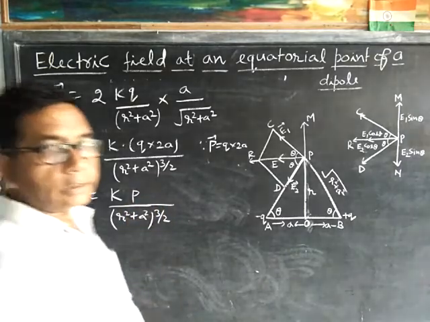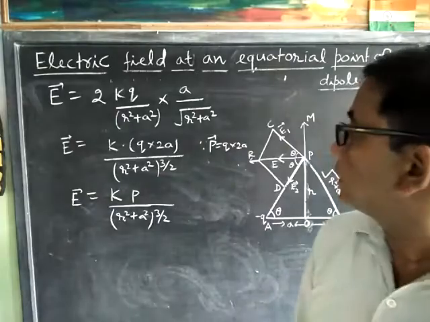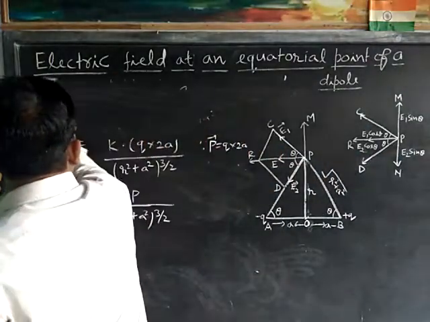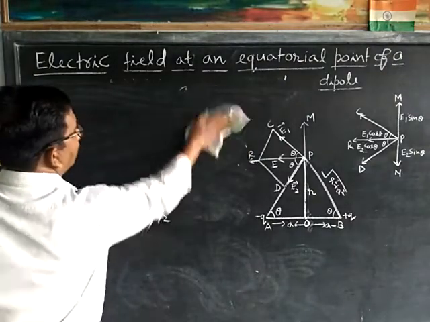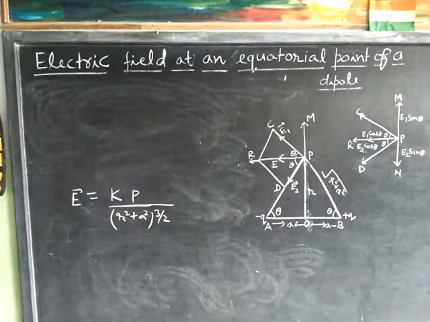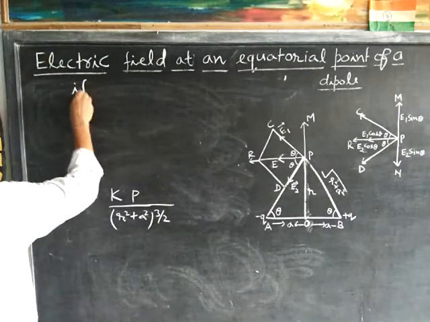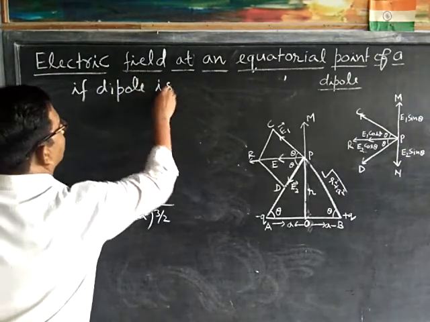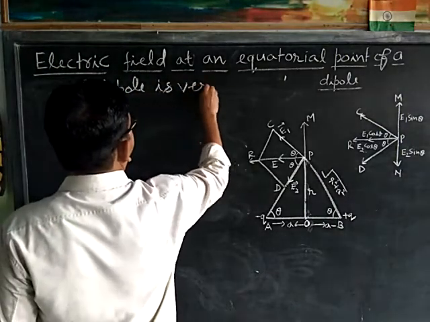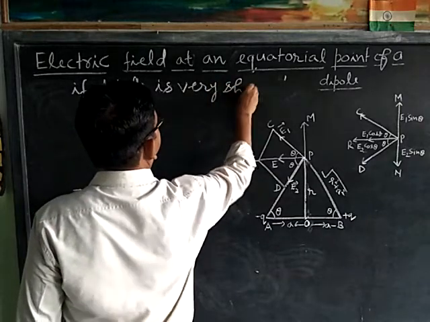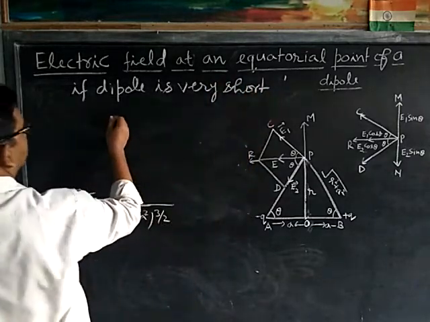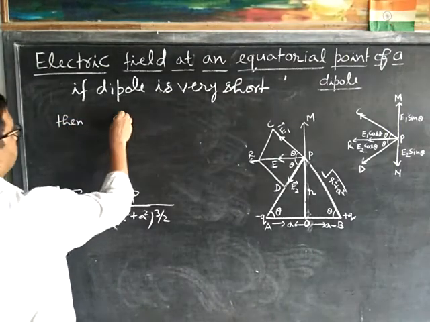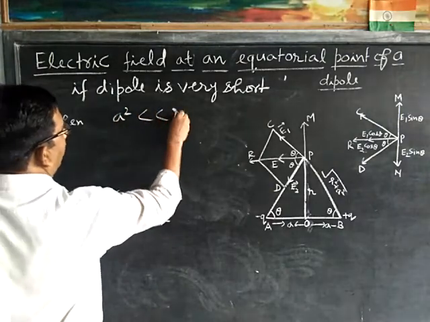If dipole is very short, then A square is much less than R square.